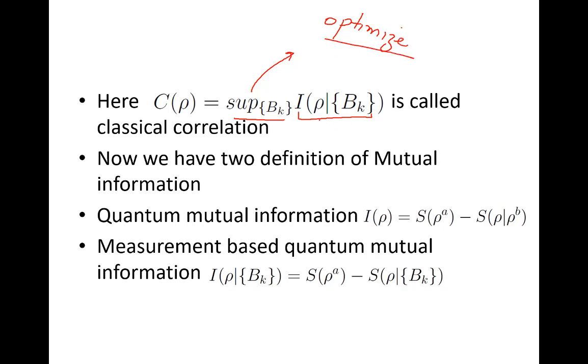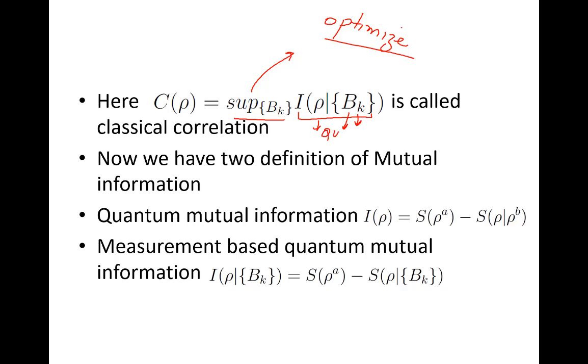Since depending upon the dimensionality of party B, you have different projective measurements, and you have to run over all the projective measurements on the rho. So for that you will supremize the quantum mutual information.